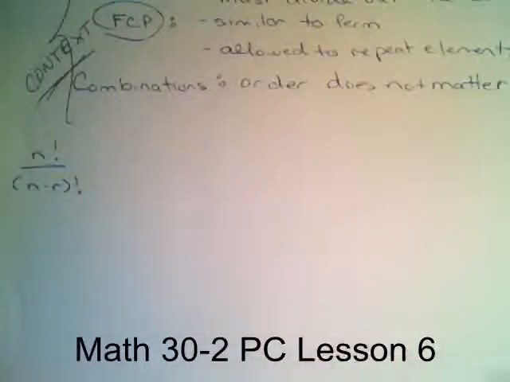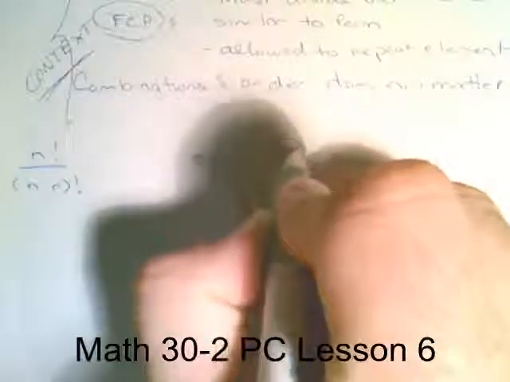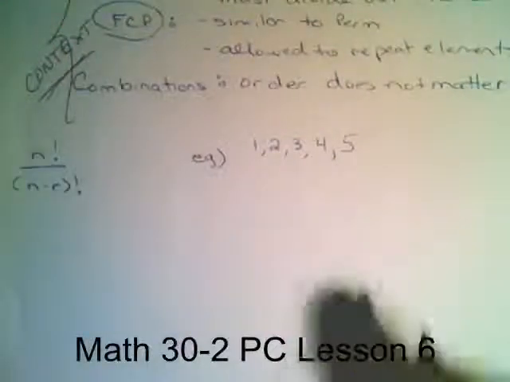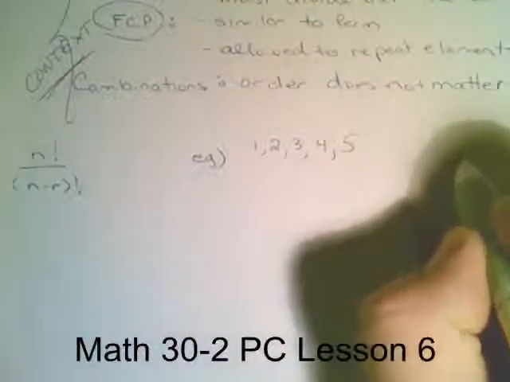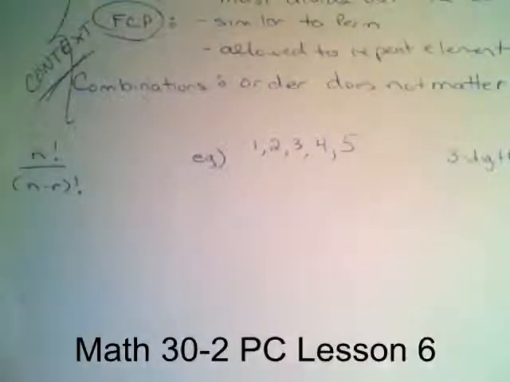Well, what it basically boils down to, you can see it in action. It's automatically happening for you when you do fundamental counting principle. Let's pretend I'm taking the objects 1, 2, 3, 4, and 5. Very simple. And I'm making a 3-digit number.